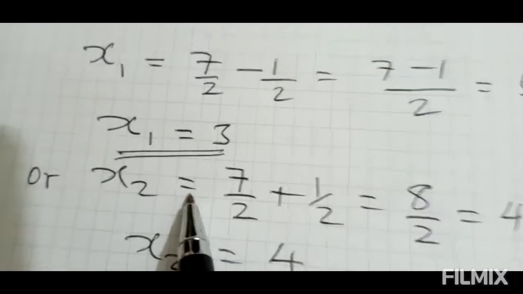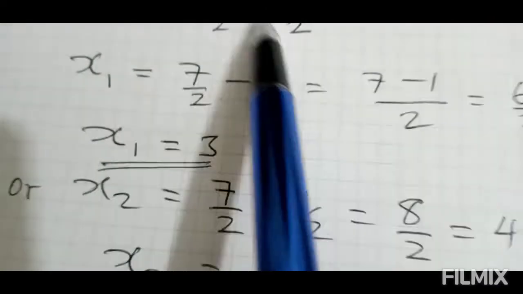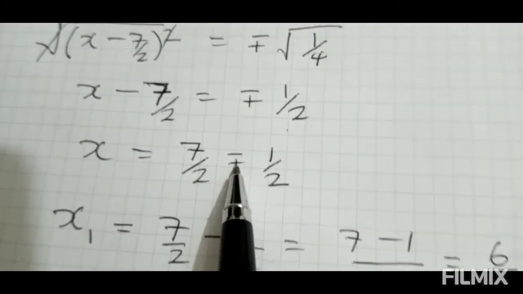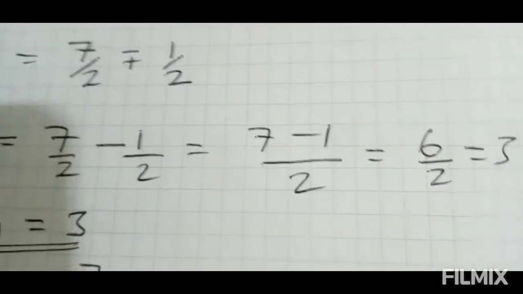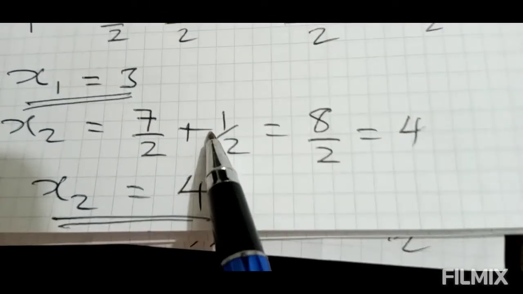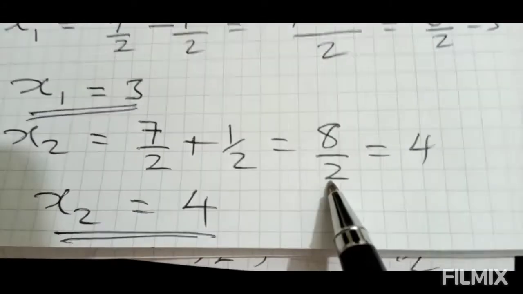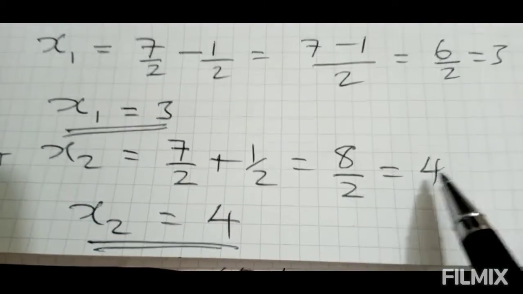Then the other possibility, x2 is equal to 7 over 2 plus, when you look at here, there are two signs, plus 1 over 2. So x2 is equal to 7 over 2 plus 1 over 2. 7 plus 1 is equal to 8 over 2. This is 4. So x2 is equal to 4, okay.